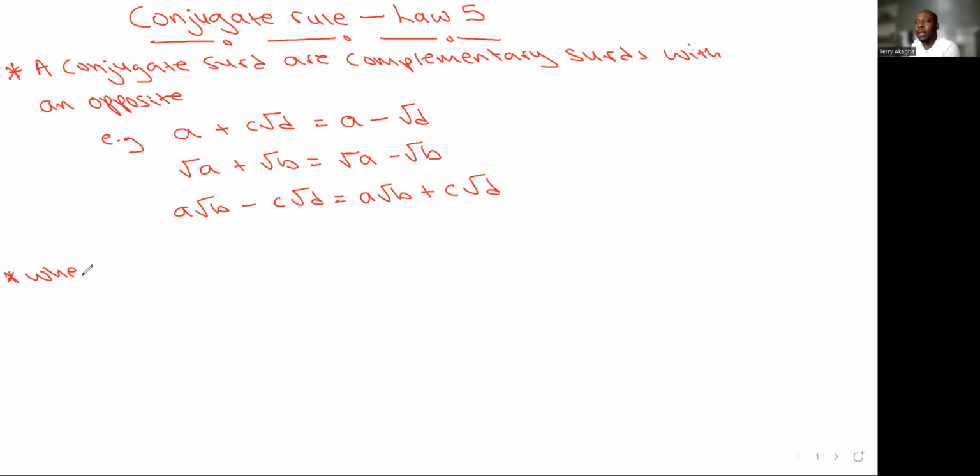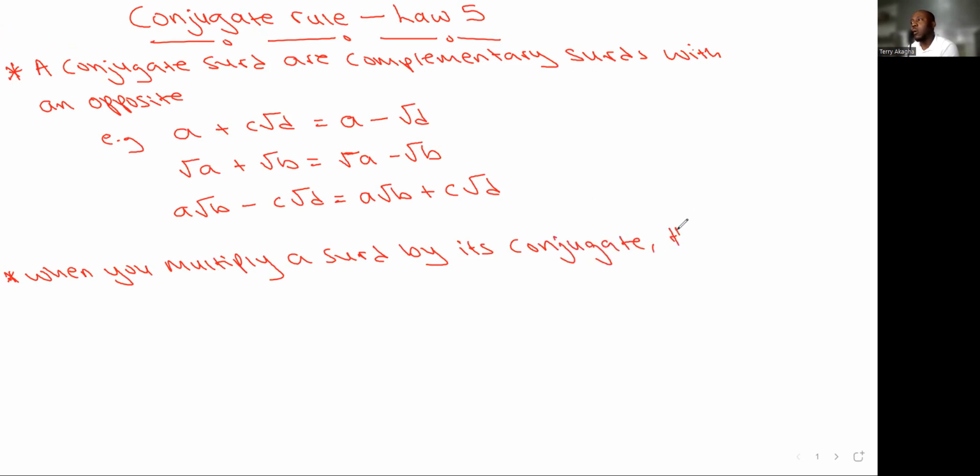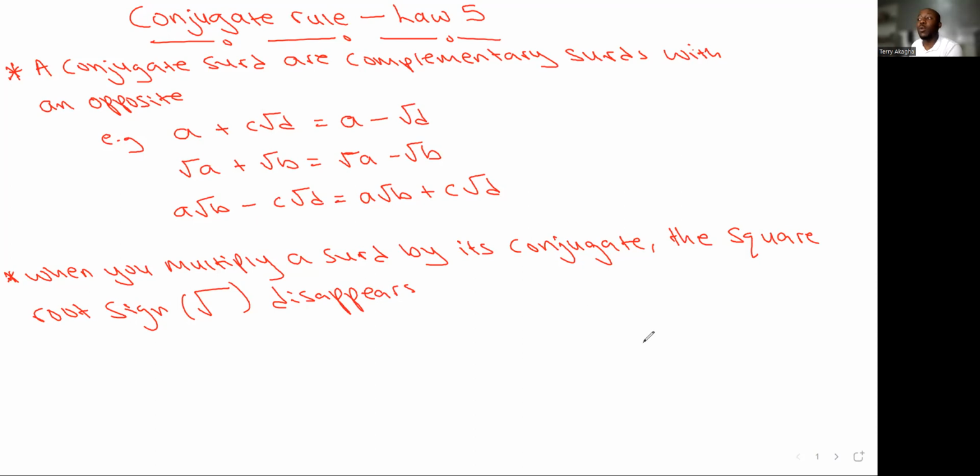So when you multiply a surd by its conjugate, the square root sign disappears, okay? So when you're done and you've solved the question with a conjugate, the square root sign is not going to be there again. So it's very important that you take note of that.